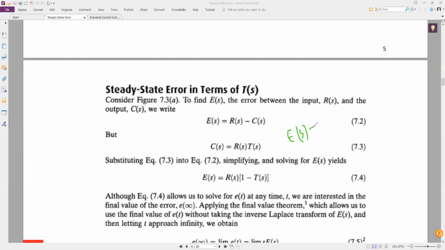E(s) is equal to R(s) minus R(s) into T(s).